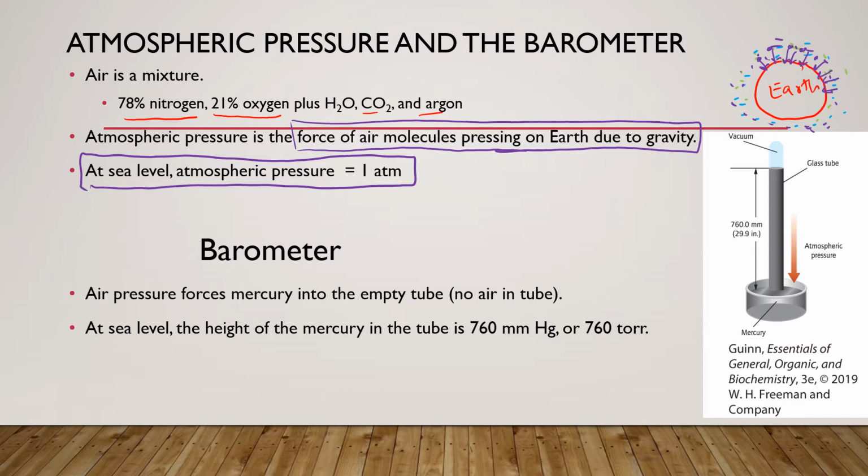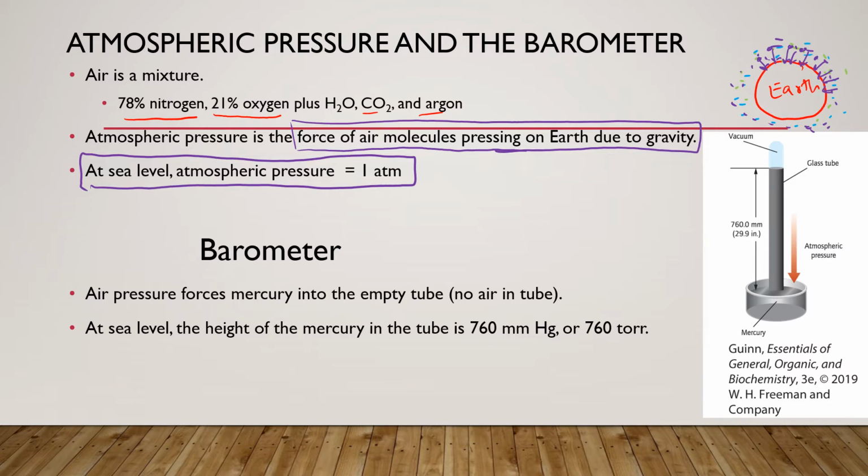As we go up on the mountains, as the elevation rises, the pressure decreases. Therefore, the standard atmospheric pressure is measured at sea level, and it is equal to 1 atm. Now, how do we measure the pressure of the atmosphere?